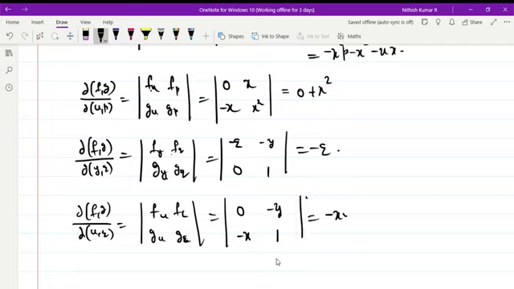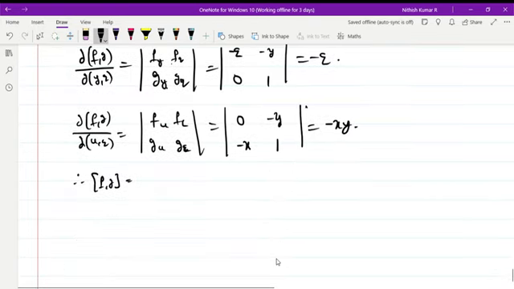The derivative of g with respect to y is again 0, and with respect to q it is again 1. So this is nothing but minus q.